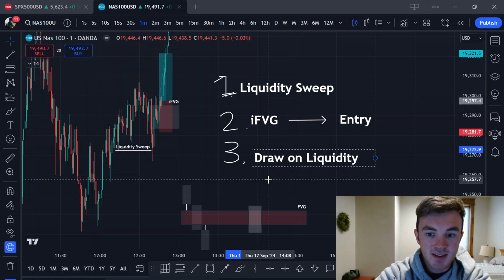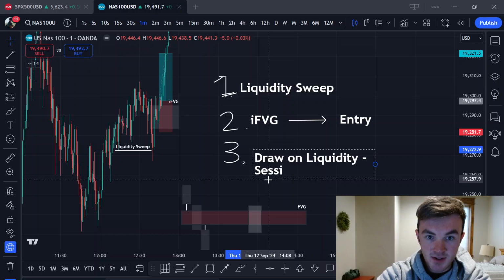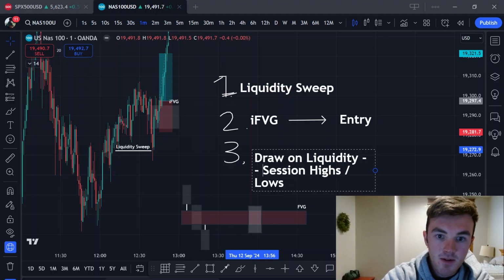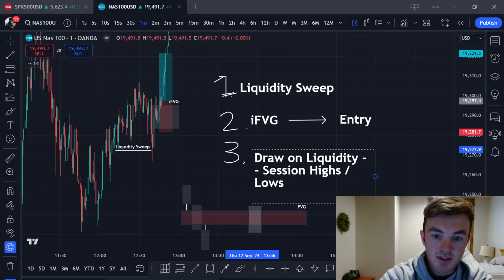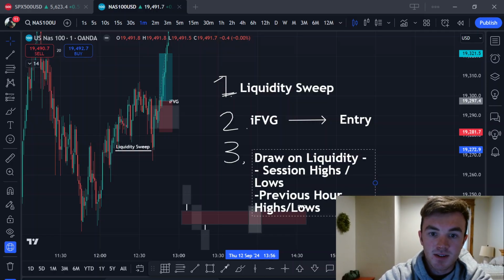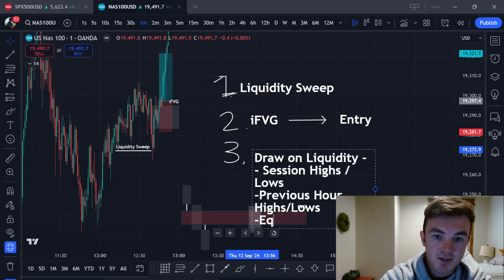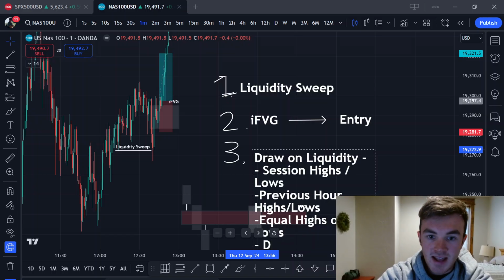So what could this be? This could be session highs or lows, previous hour's lows or previous hour highs, equal highs or lows, and data highs or lows.